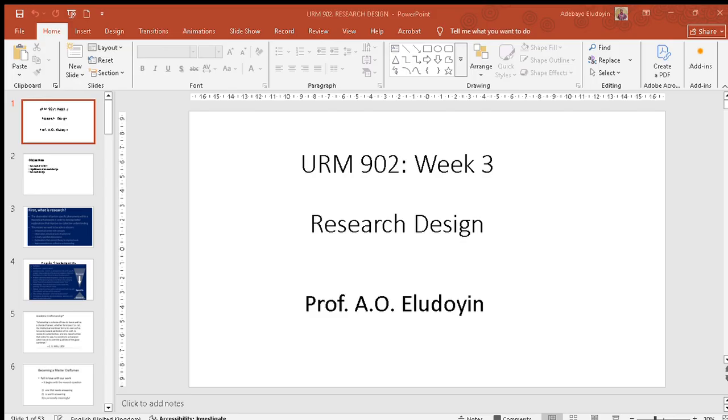Thank you. And then what are the expected parts of a research design? Number one, we are expected to have a research design that will talk about four components. The sampling design will deal with the method of selection of items to be observed for the study.